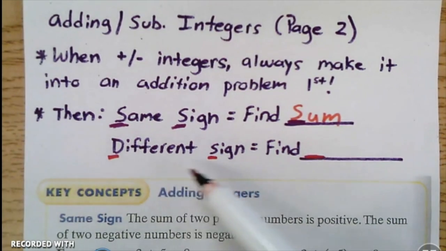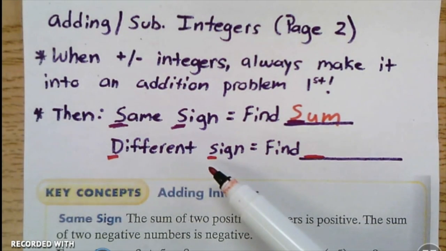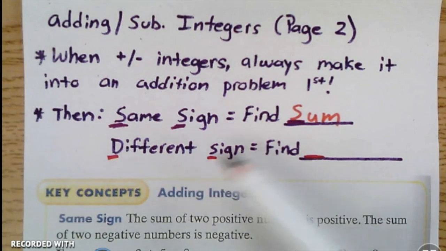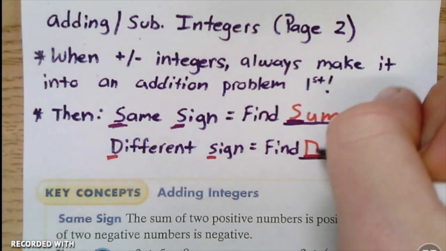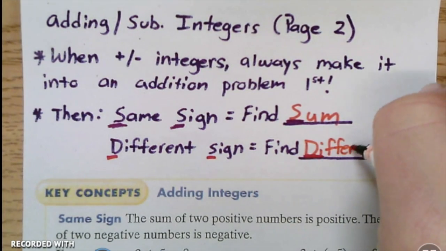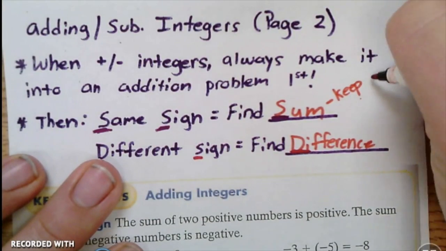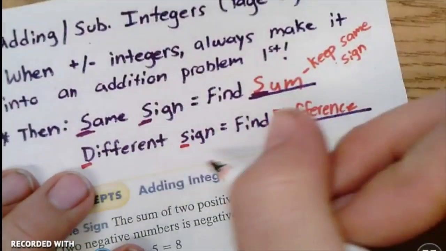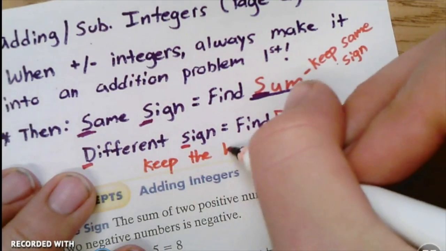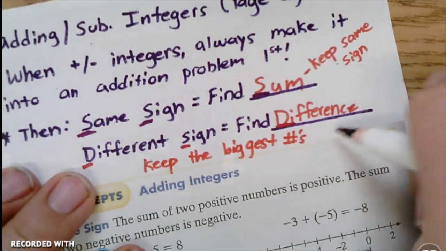If they have different signs, okay, then we need to find the difference. Here, make a note that they're going to keep the same sign. And here, they keep the biggest number's sign.